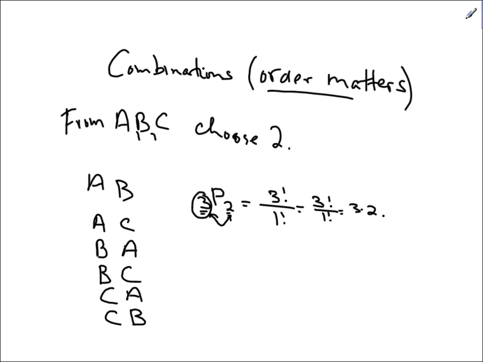Now, when it comes to combinations, it's nCr. n is the number we're starting with. We want to choose r of those objects, and you also have to divide by n minus r factorial.